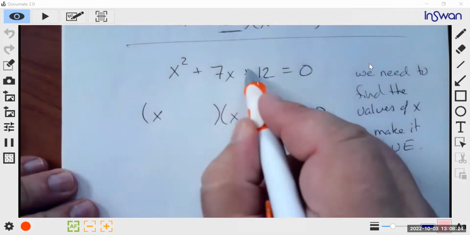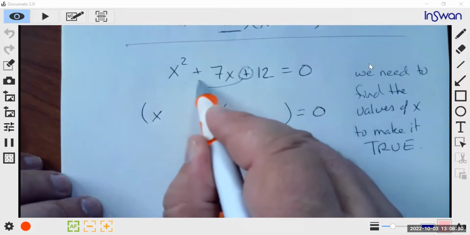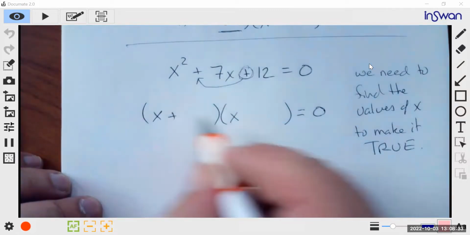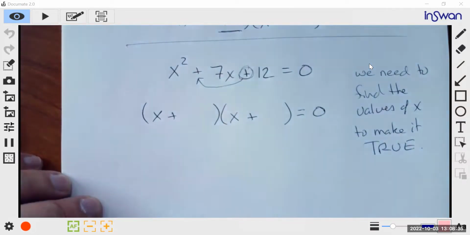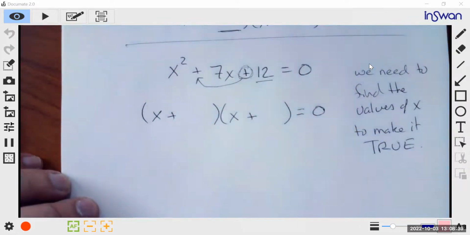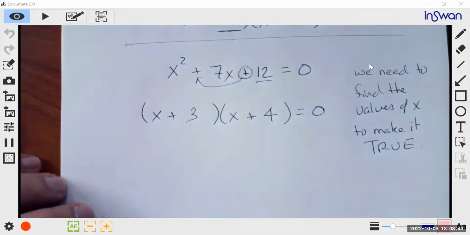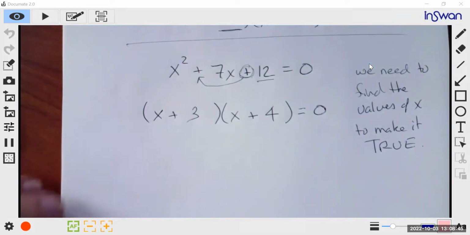All right. The second sign is a plus. What does that tell us? The same signs. They're both going to be positives. So what times what is 12? When you add them, you get 7. Okay. So now comes the last step.